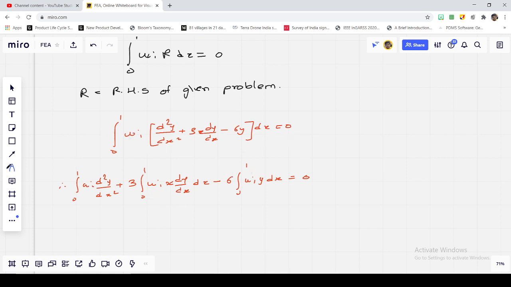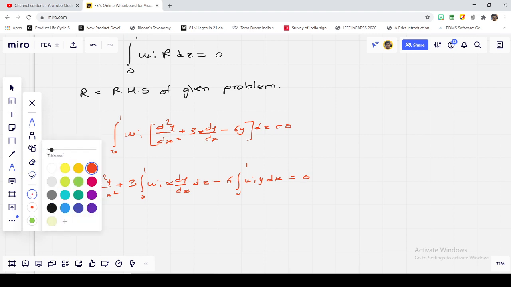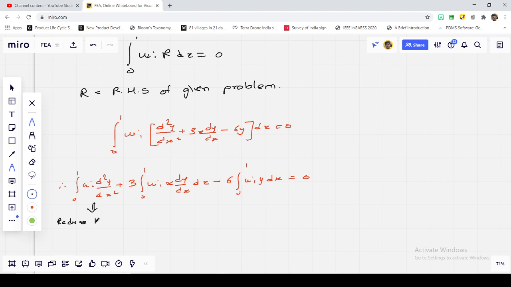Now the primary objective of your weak form or Rayleigh-Ritz method is to reduce the order of this. So whatever higher differential you have in your system, we are trying to reduce the order of that.